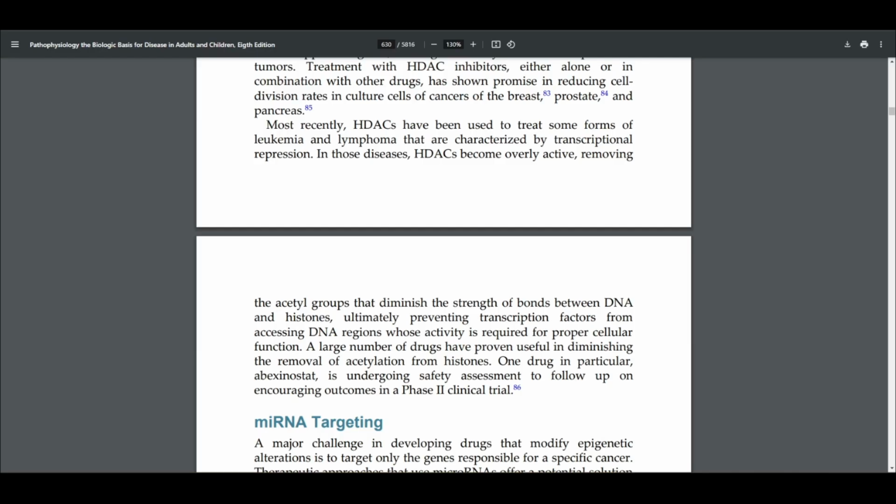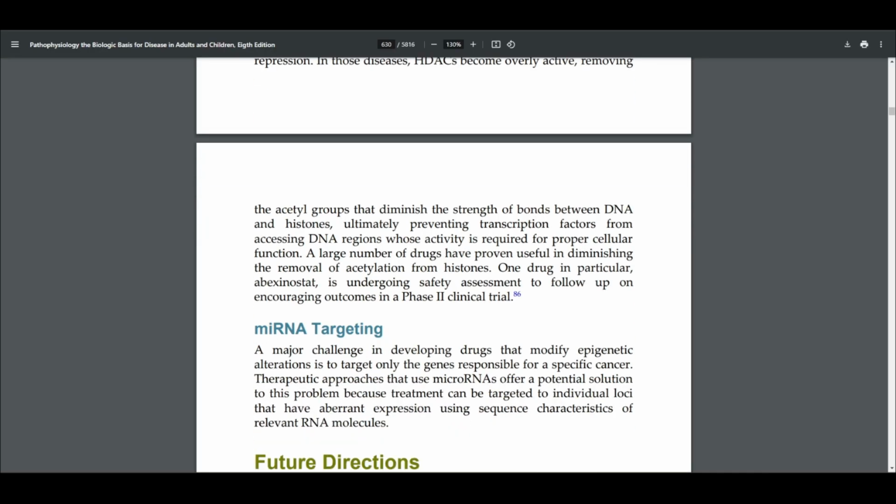A large number of drugs have proven useful in diminishing the removal of acetylation from histones. One drug in particular, abexinostat, is undergoing safety assessment to follow up on encouraging outcomes in a phase 2 clinical trial.